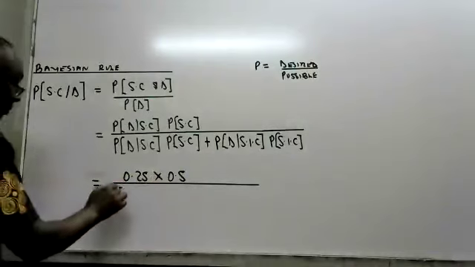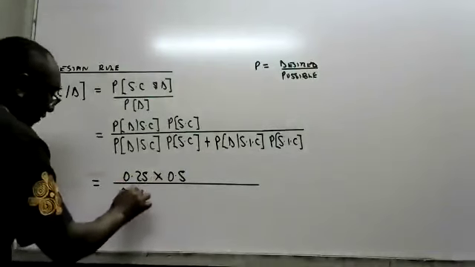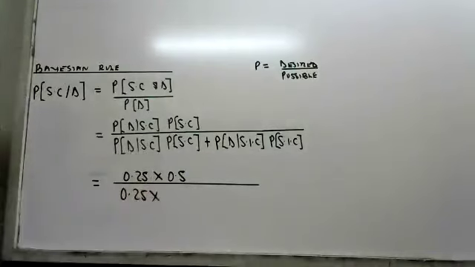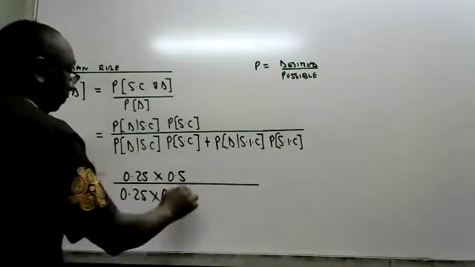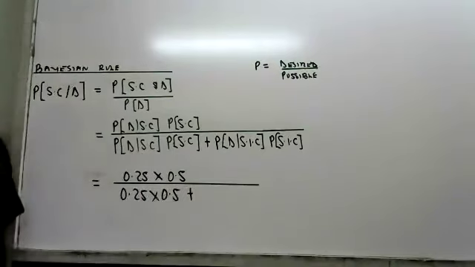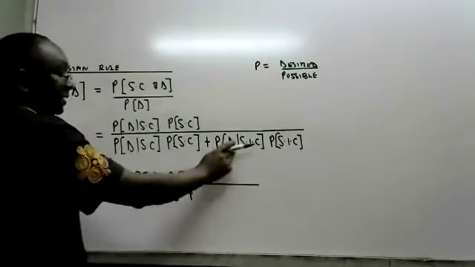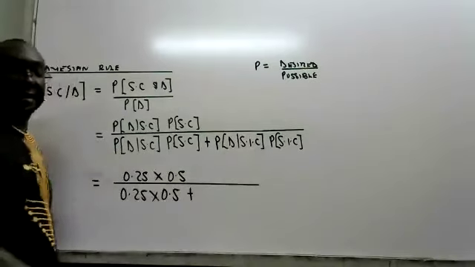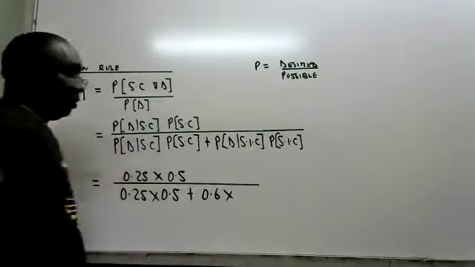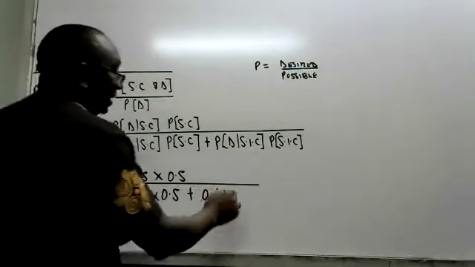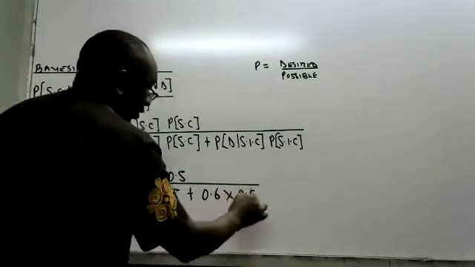Which now we shall come here. We say 0.5, that is the probability of getting a defect when we are set correctly, multiplied by the probability of being set correctly, plus probability of a defect given that we are set incorrectly is 0.6, multiplied by the probability of being set incorrectly, which is 0.5.